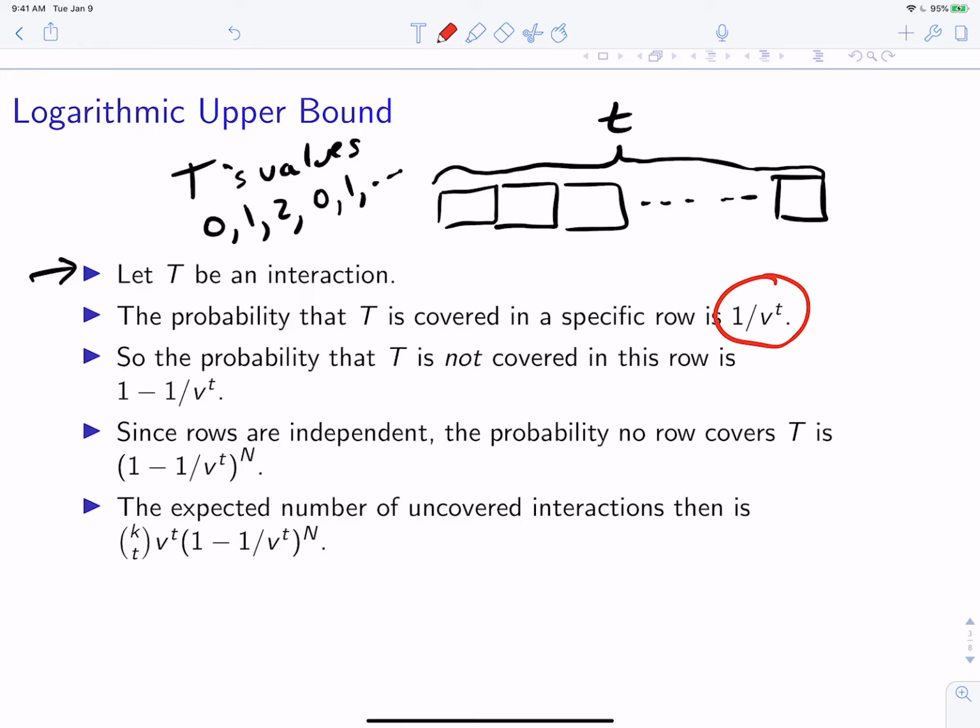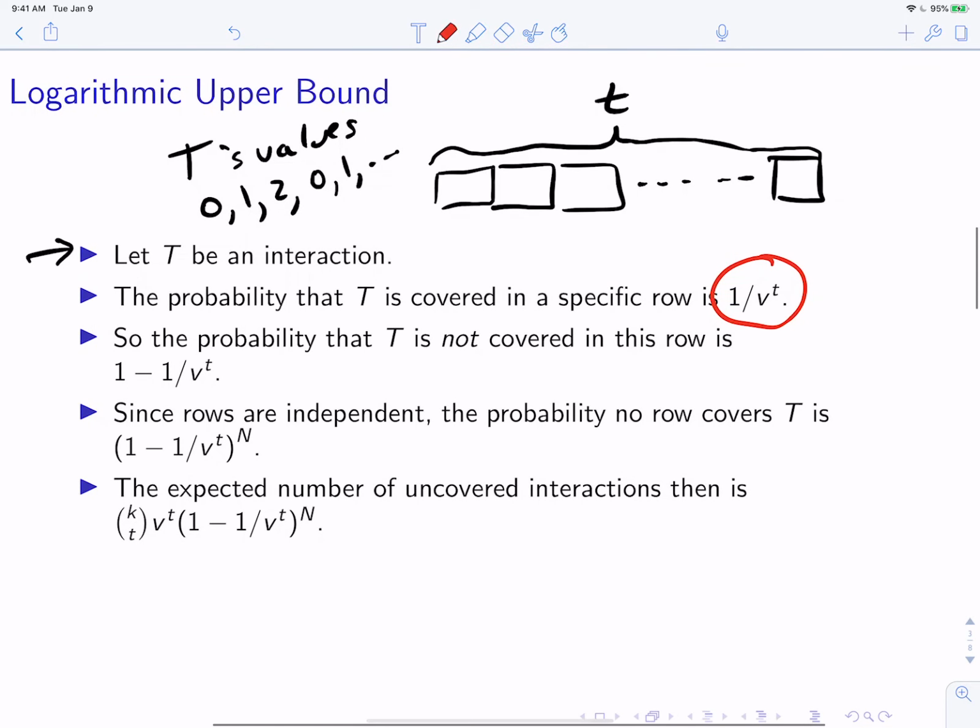Each one occurs with 1 over v probability, and they're all independent. So the probability that it is covered in this particular row is 1 over v to the t, and the probability that it is not covered in this row is 1 minus that. With very high probability, I'm not going to cover this interaction in this row.